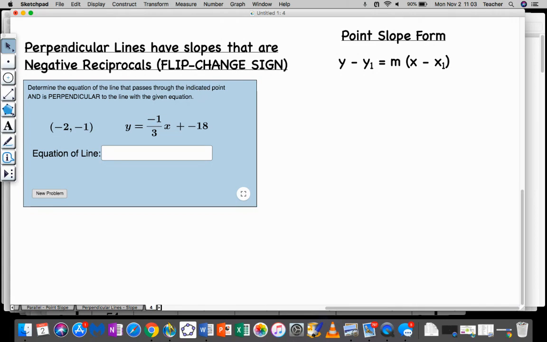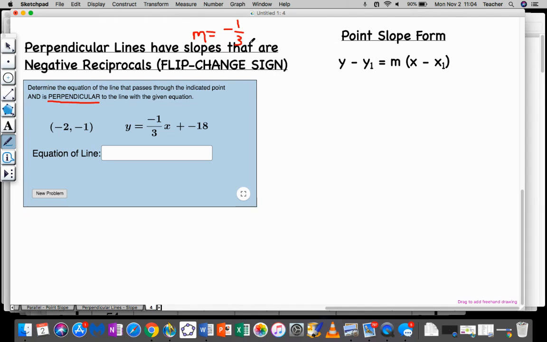The way I would like to remember, probably better for you to remember, is flip and change sign of the original slope. So this is already in slope-intercept form. We'll get to next week, this will not be in slope-intercept form. We'll have to figure that out. But this is. So you have to recognize perpendicular. Perpendicular tells you this. So if the original slope is -1/3, to get the slope of the perpendicular, and when I get back to school, I'll show you on a graph what it kind of looks like.